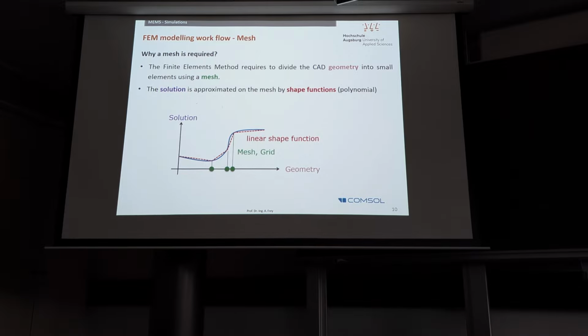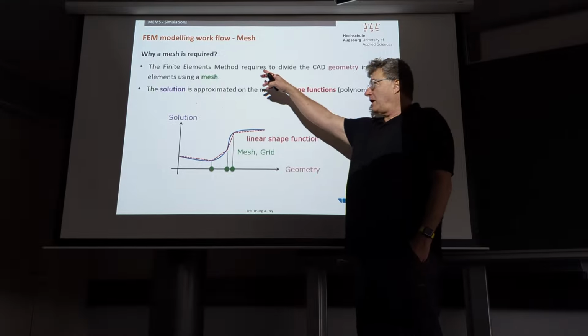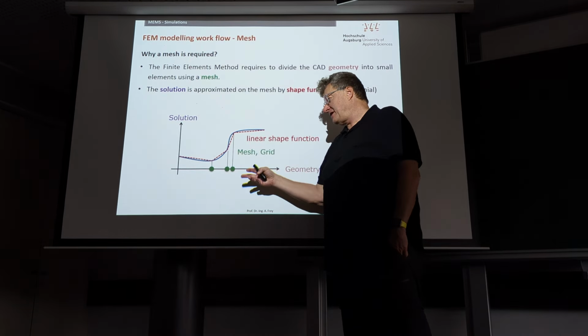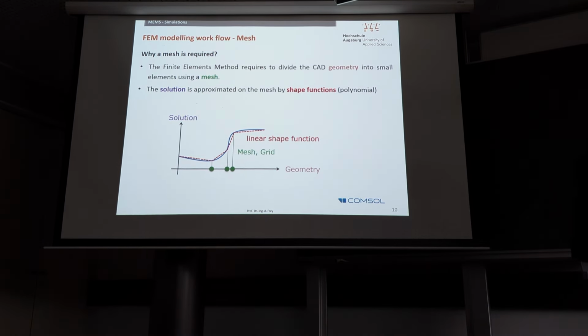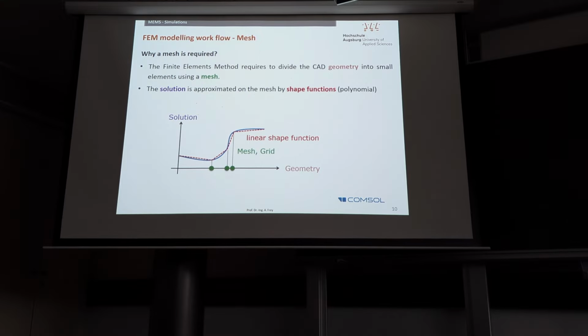If you would have an analytic equation, then you could calculate the property you're interested in, the solution, in every point. Numerically, you have to restrict yourself, and that is why mesh is required, a first essential thing why we need to take care about the mesh.